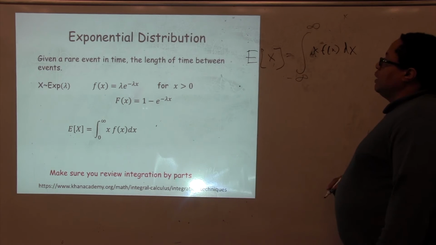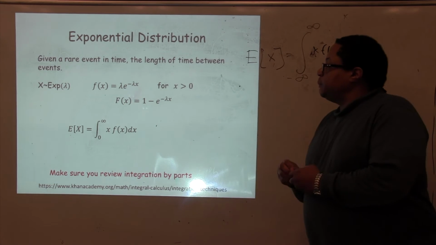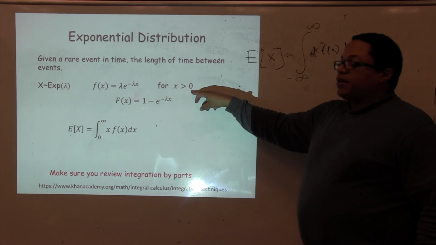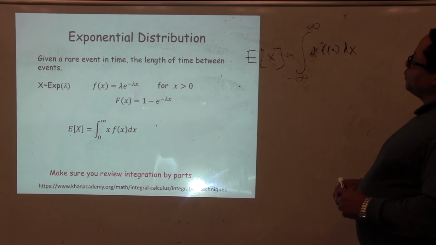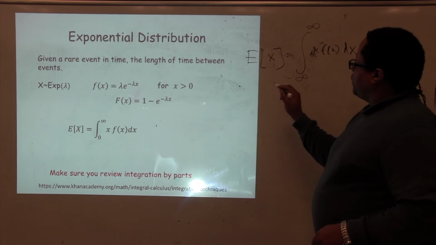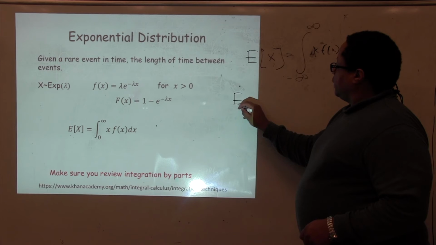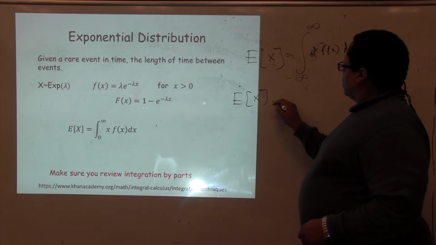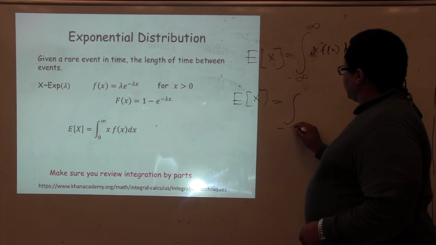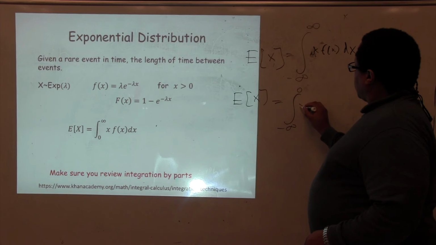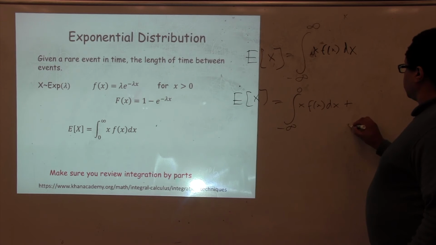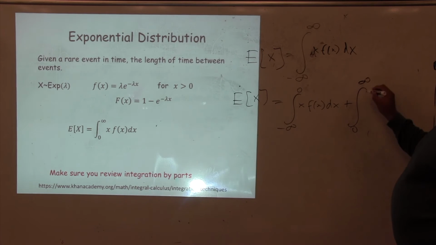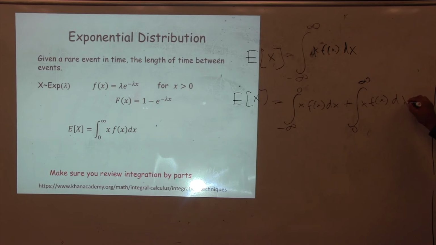That's our expectation. But for the exponential distribution, for x less than 0, the density is 0. So that means we can break this up: E of x equals, going from minus infinity to 0, x times f of x dx, plus, from 0 to positive infinity, x times f of x dx.